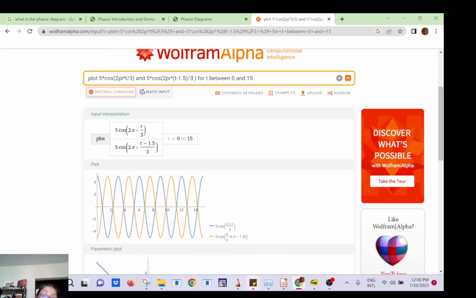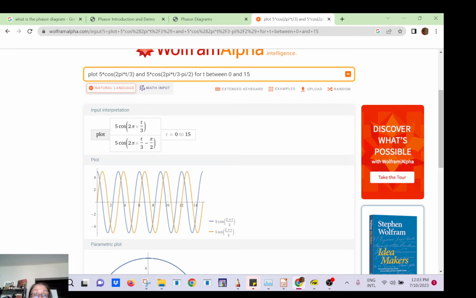So what's the meaning of this here? Let's take another example. Let's say I shift by pi over 3. So there is a shift here.